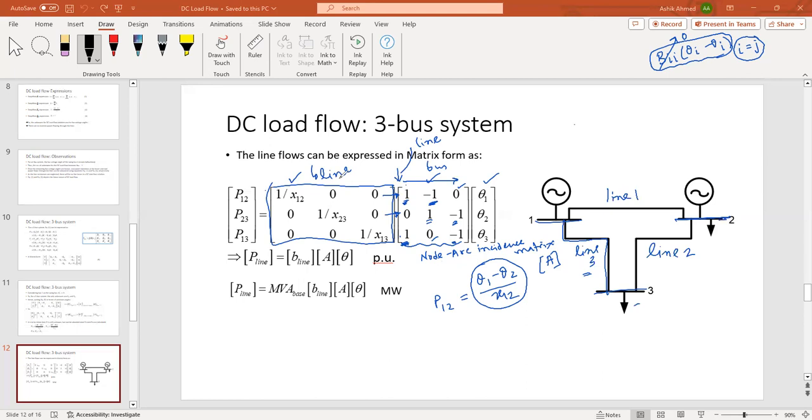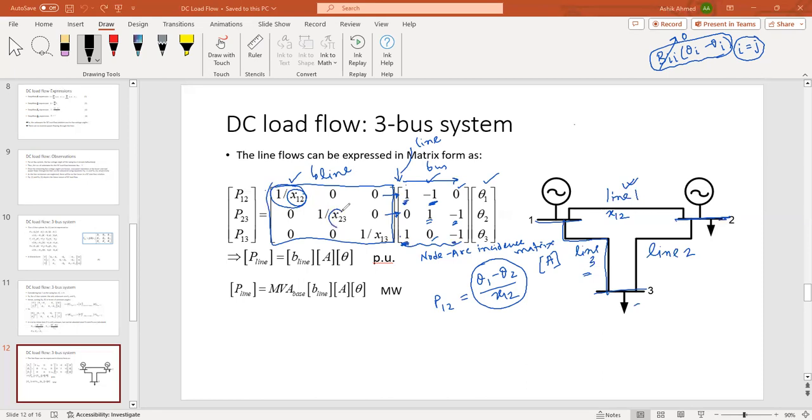What about B line? B line is simply a diagonal matrix where the diagonal entries are obtained as the inverse of the line reactances. So this is the reactance of line number 1, x12.